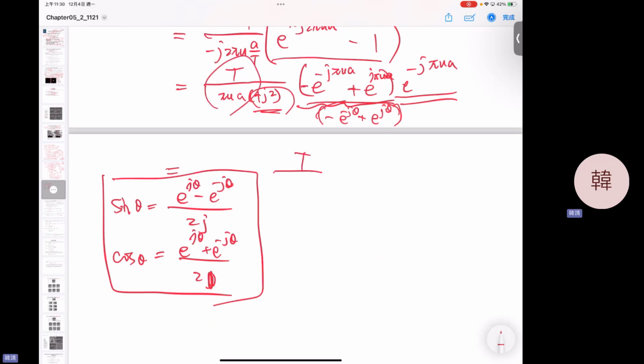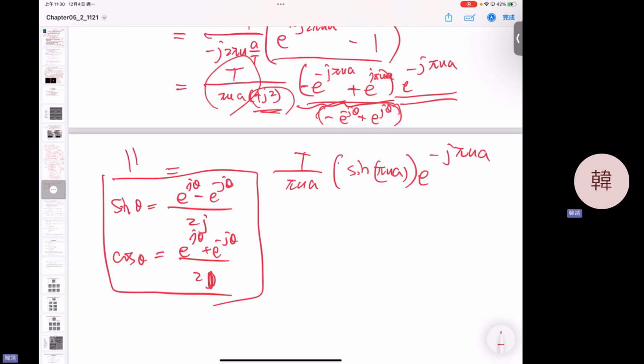So we have this constant here, pi ua, and this becomes sine theta here. Sine theta is pi ua, times e^{-j pi ua} here.